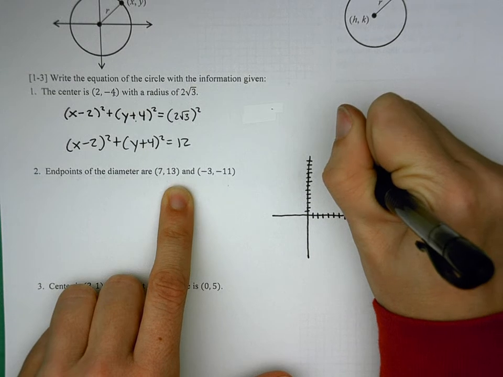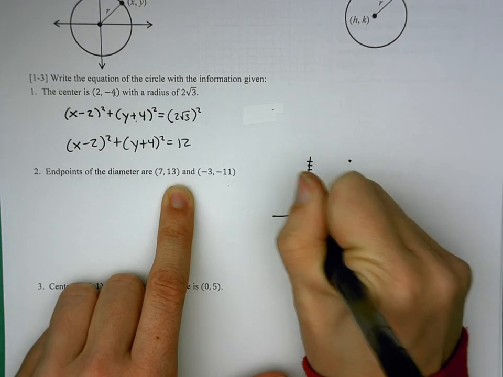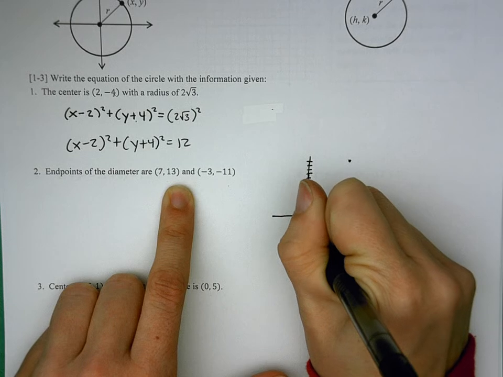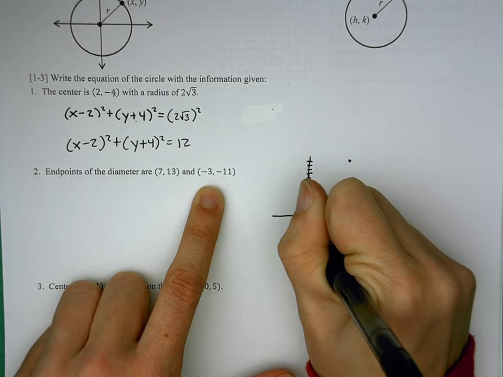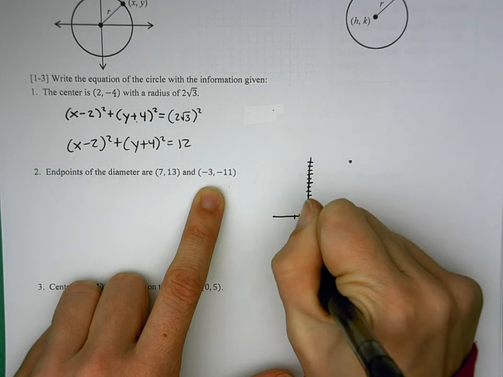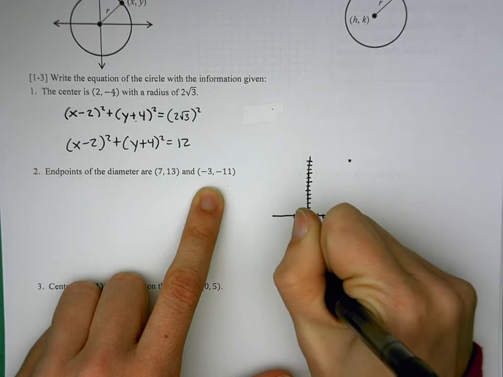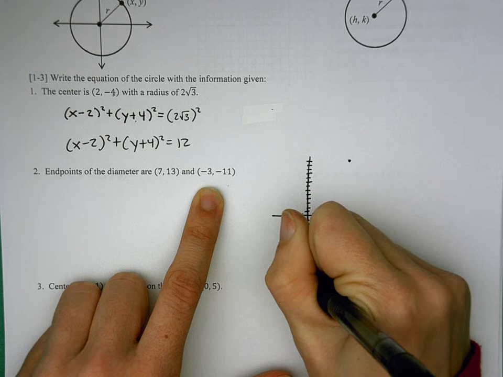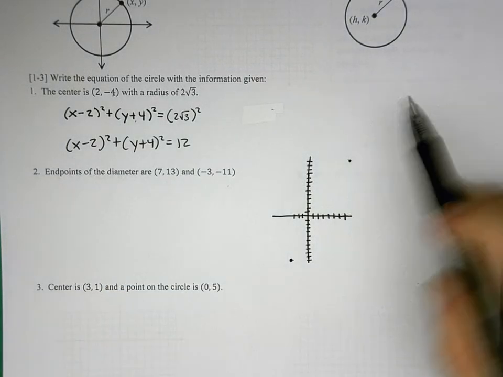They were up there, and then they did negative 3 the other direction, and negative 11 down. And they plotted that there. And then they just counted to the middle.